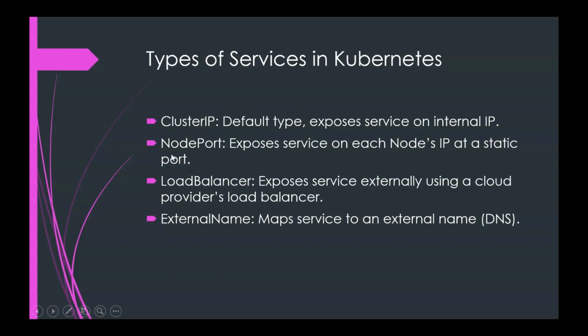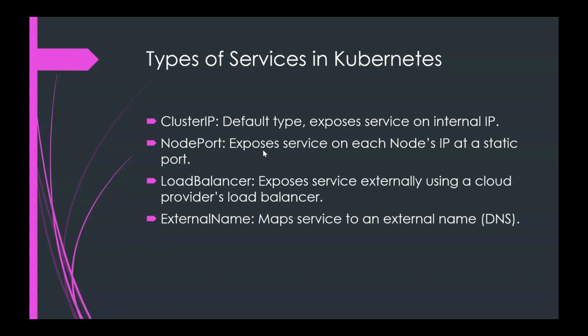Okay. The second one is NodePort. This exposes the service on each node's IP at a static port. Suppose you have three pods in your node, and you are creating the NodePort service for a particular pod.